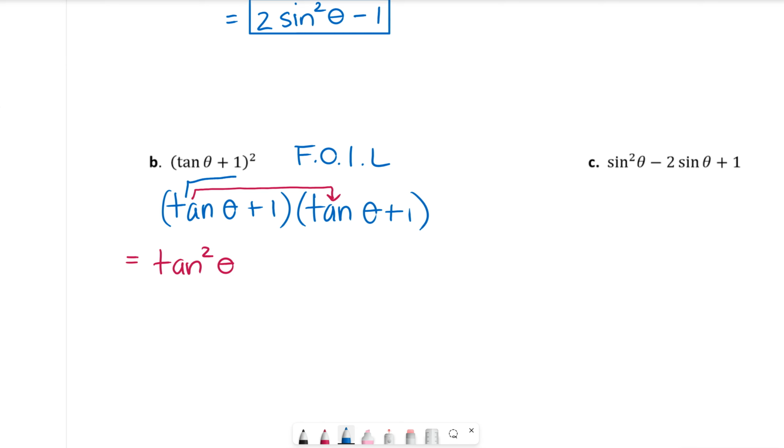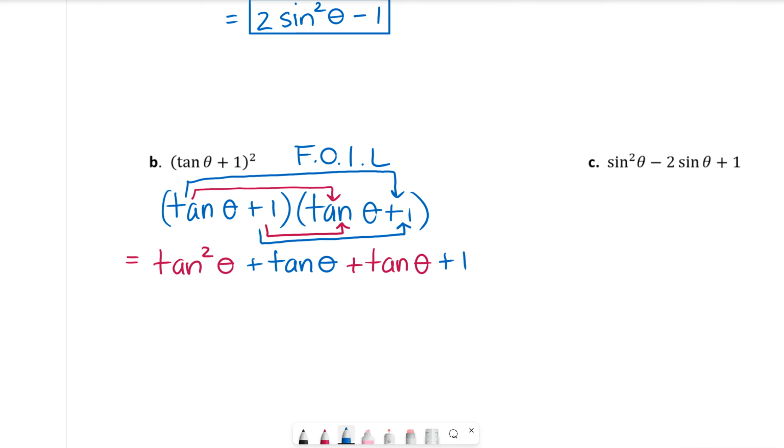Then we'll multiply tangent times +1, because that's the outer term, and that's going to be plus tangent theta. And then I'm going to multiply the inner terms. So 1 times tangent theta, that's another tangent theta. And then I multiply the last terms, so the +1 and the +1, so that's just a +1.